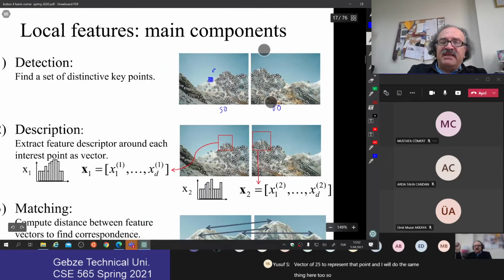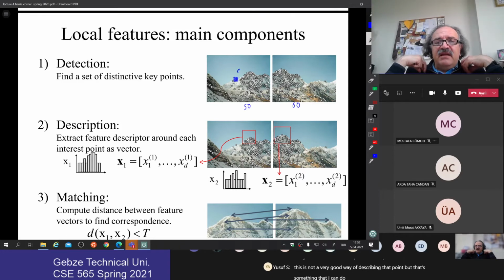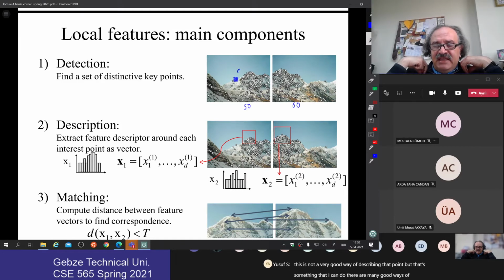So I would represent each point with a vector. This is not a very good way of describing that point, but that's something that I can do. There are many good ways of representing the region around each descriptive point. For now, let's assume that I am using the original pixels.